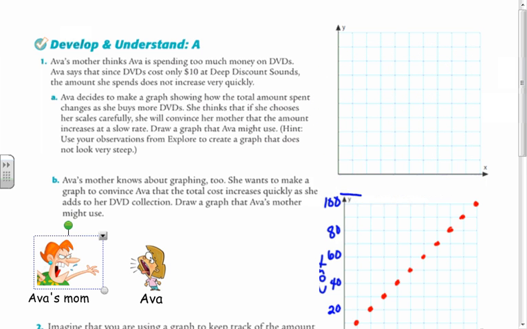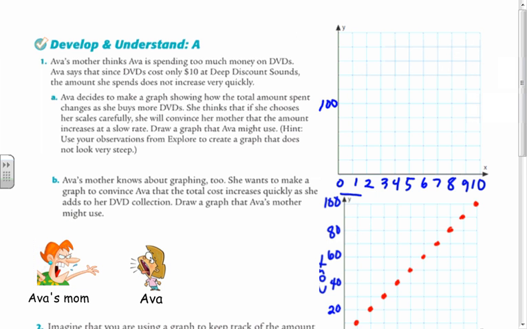So remember that on that graph that we just had, we had 100 way up here. So if we graph 10 DVDs bought, that's going to cost $100. So what if we had 100 a little bit lower, like maybe right here instead?